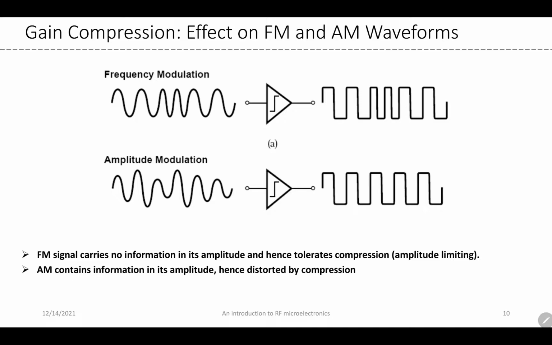Okay. Now, what is the effect of gain compression on waveforms? If we look at frequency modulation, if it's an FM signal, all of your information is stored in your phase. Even if your amplitude changes, your information does not change because it's stored in your phase.